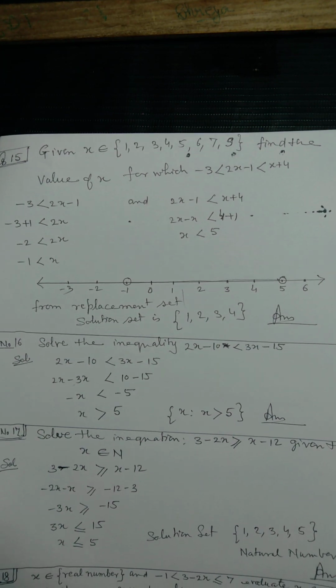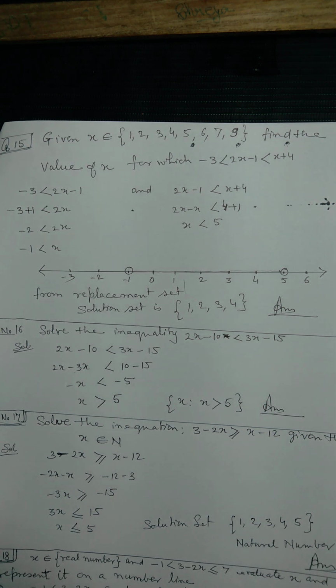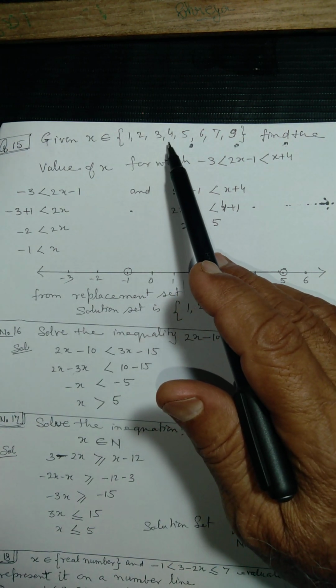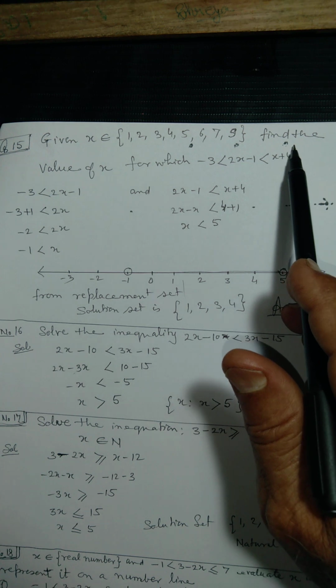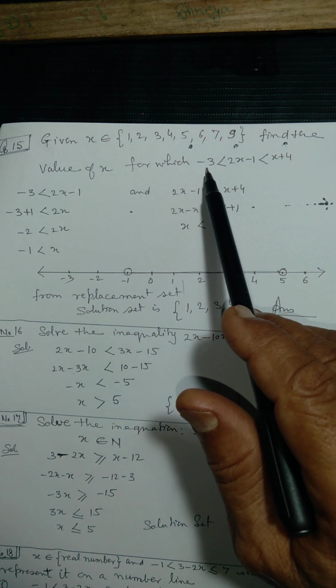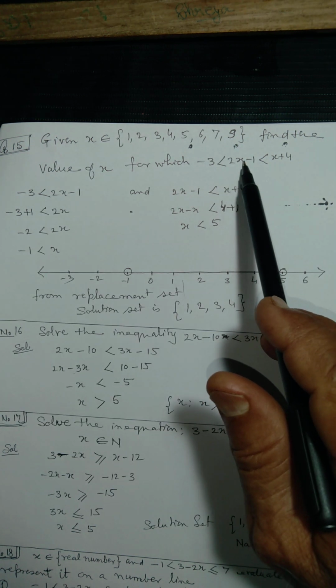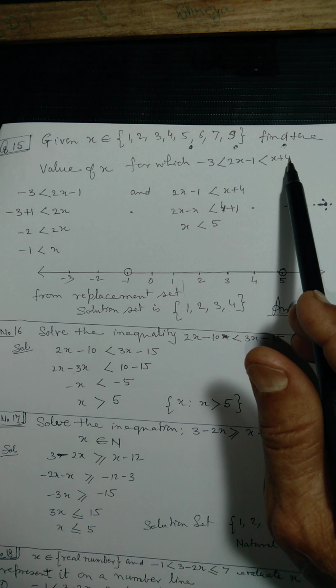Now proceed to question number 15. Given that x belongs to 1, 2, 3, 4, 5, 6, 7, 9. Find the value of x for which minus 3 is less than 2x minus 1, which is less than x plus 4.